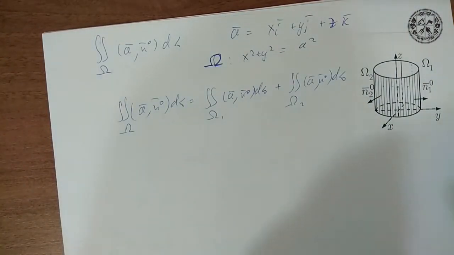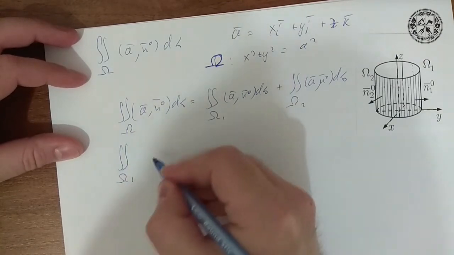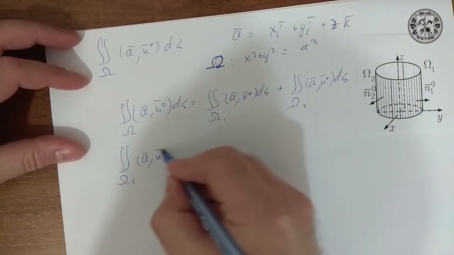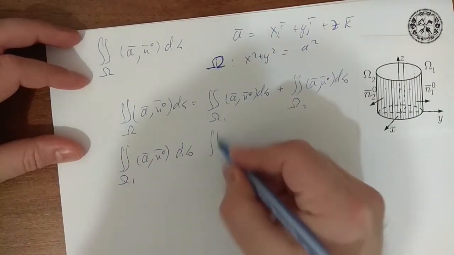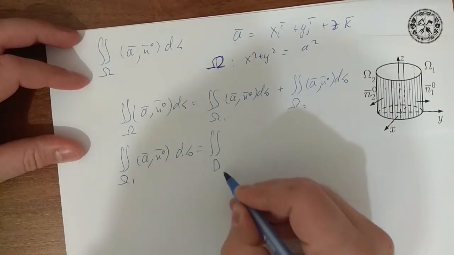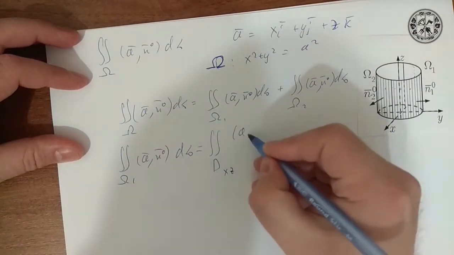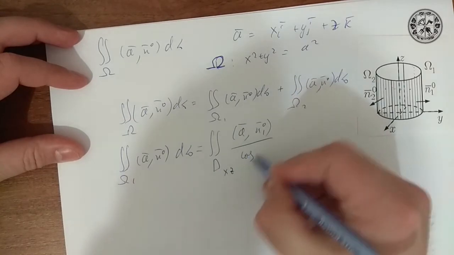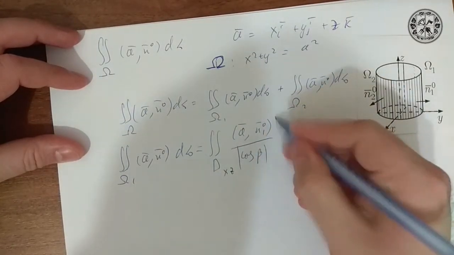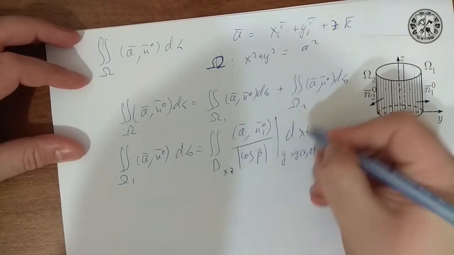Let us calculate each of these integrals. First one, a n0 dσ will be calculated as a double integral by projection on xz, a n0 divided by the absolute value of cosine beta, where y equals y of x, z, dx dz.